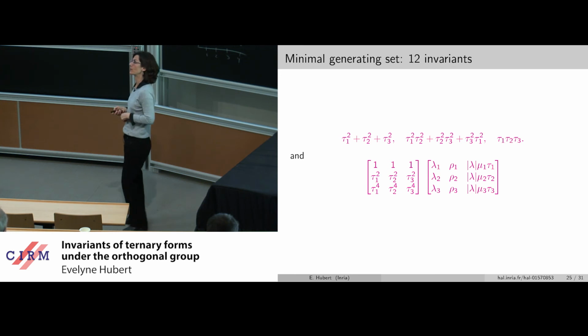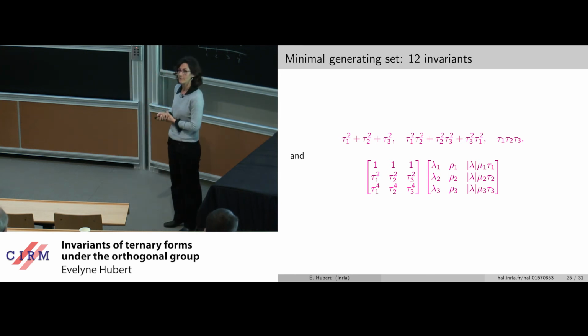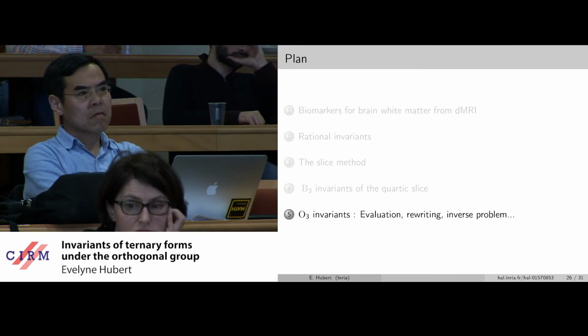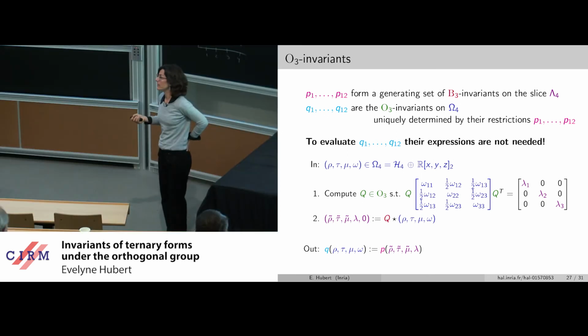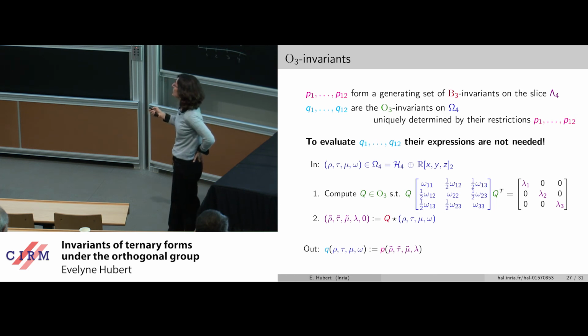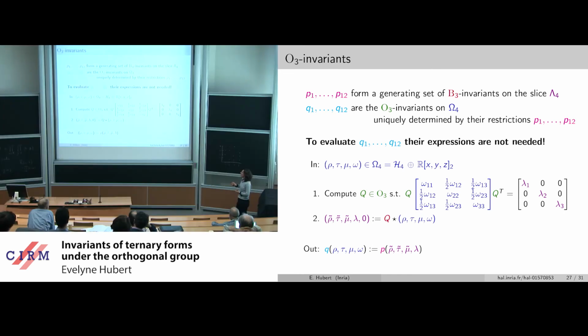Now we need to come back to the O3 invariants on the bigger space. All right, so the slice lemma: we have computed these invariants for B3 on the slice. By the slice lemma, we know that there is the exact same number. These invariants are in one-to-one correspondence with O3 invariants on the bigger space, and they are uniquely determined by their restriction.